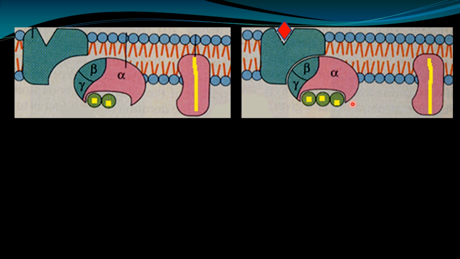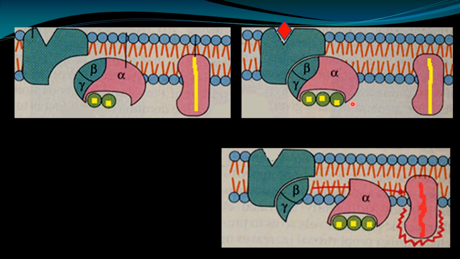So definitely the receptor will produce the effect. And how it produces the effect: this alpha subunit, which is attached with this guanosine triphosphate, detaches from this receptor and activates the effector protein, that is the adenylate cyclase enzyme. And this enzyme will produce the effects.